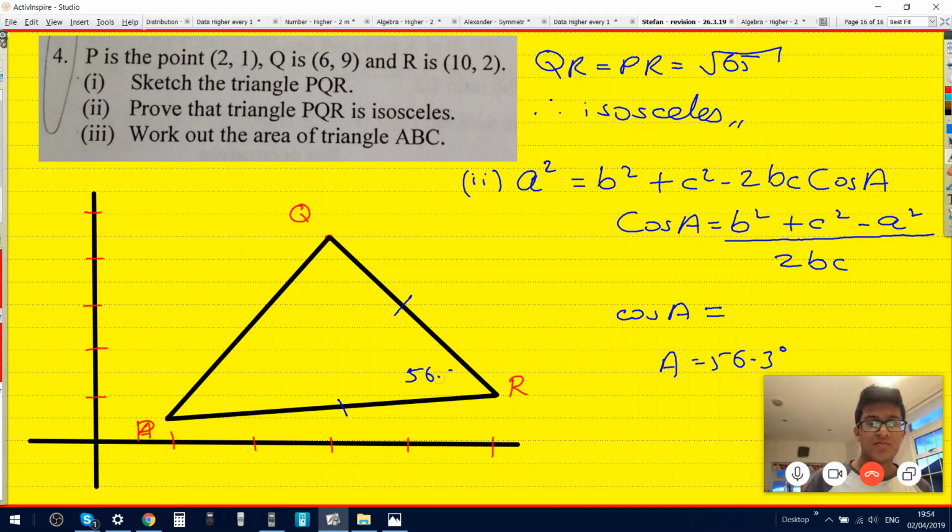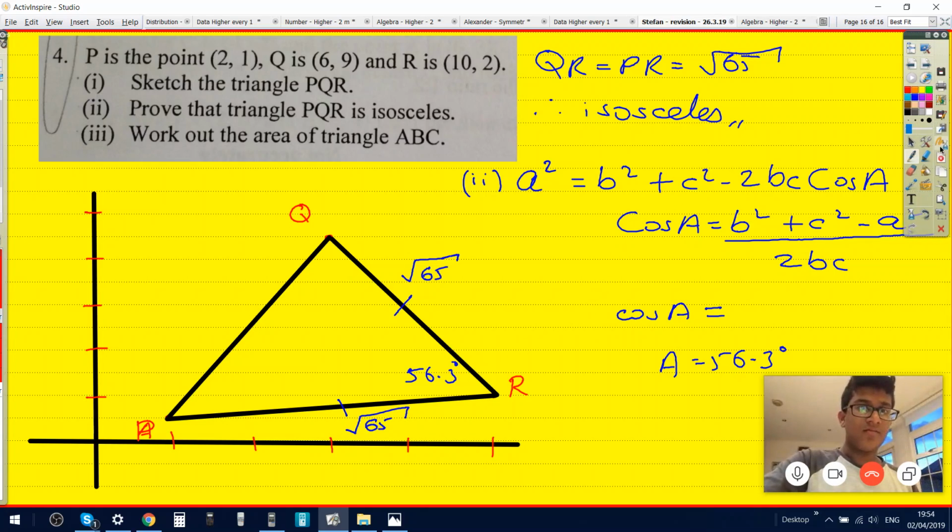So that's 56.3. And when you were substituting in, what was the negative length? The negative length was minus root 65 squared. So QR was root 65, wasn't it? And PR was also root 65? Is that right?